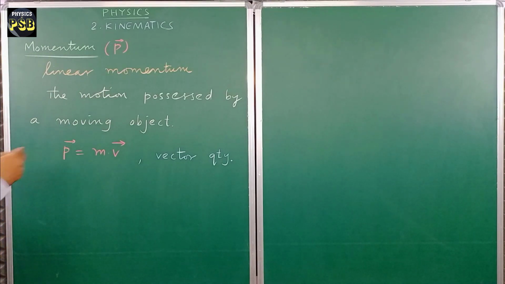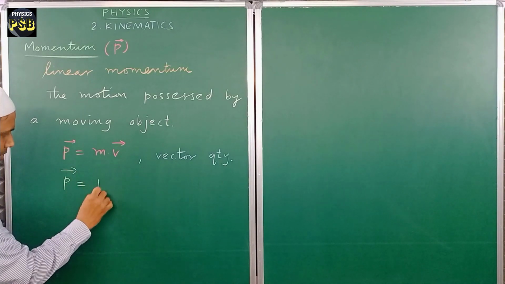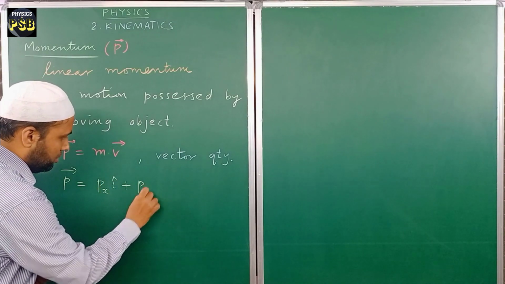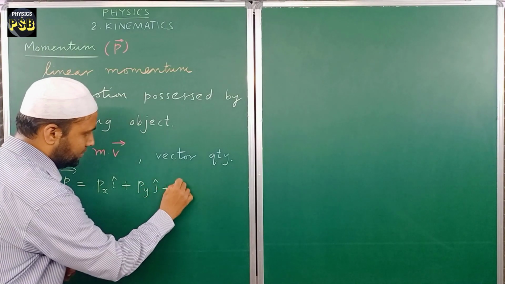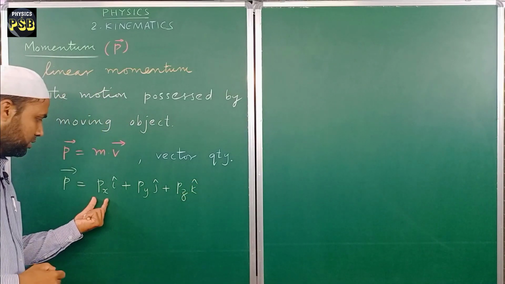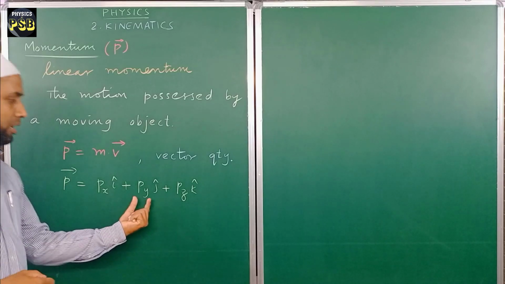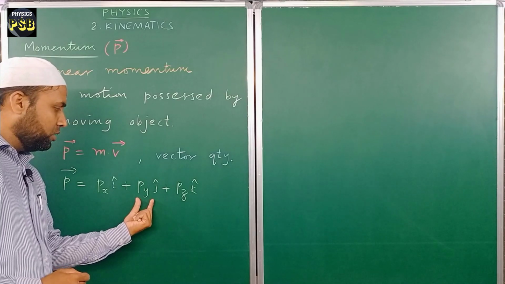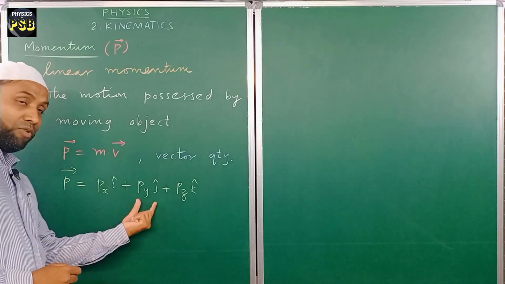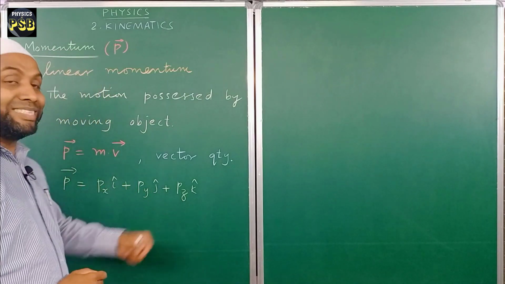Vector P can be resolved into its components as Px i cap plus Py j cap plus Pz k cap. Here Px is the component of momentum along the x-axis, Py is the component of momentum along the y-axis, and Pz is the component of momentum along the z-axis.